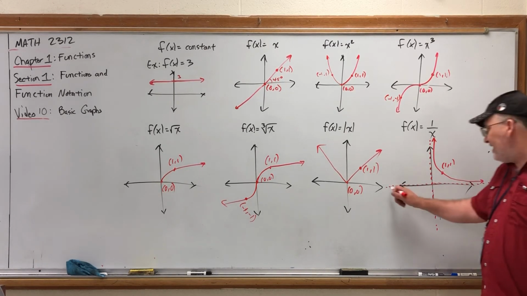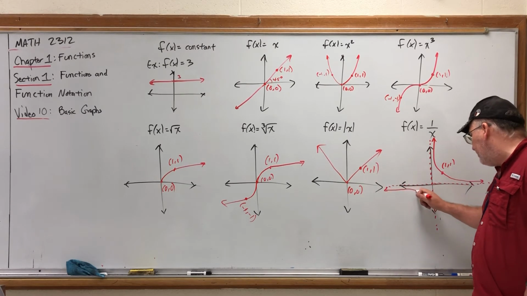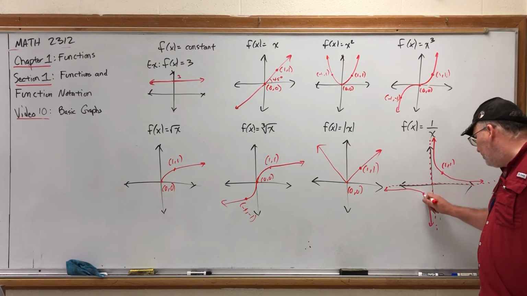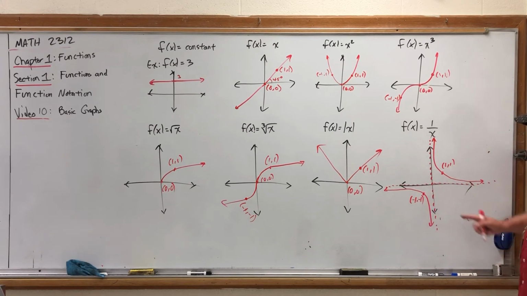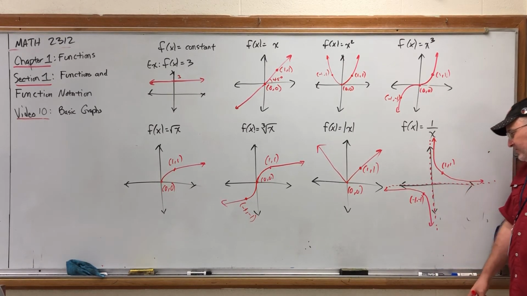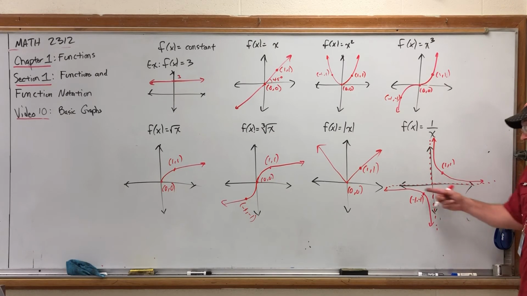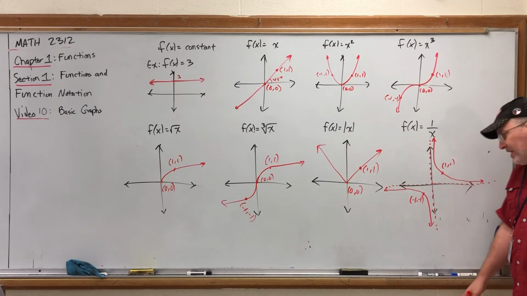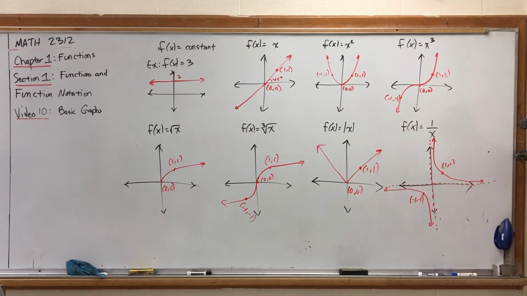And then you have the exact same phenomenon down here in quadrant 3. It does go through the point (-1, -1). But as you go further to the right, it gets closer to the x-axis, and as you go further to the left, it gets closer to the x-axis, and as you get closer to the y-axis, it starts plummeting downwards.